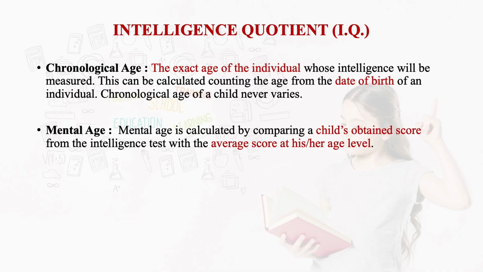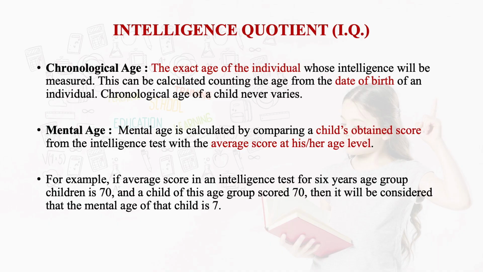But mental age varies. Mental age is calculated by comparing a child's obtained score from the intelligence test with the average score at his or her age level. Just like you have administered an intelligence test for 8th standard students, or you can select it for the 14 age group students. What should be the average intelligence? Let's say in an achievement test the average score is 70 for the 14 age group.